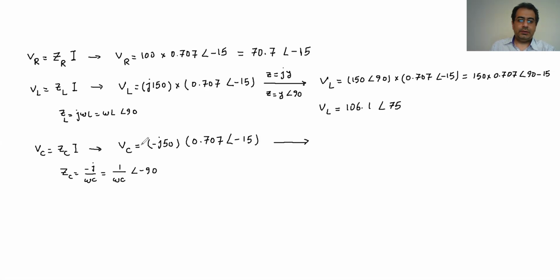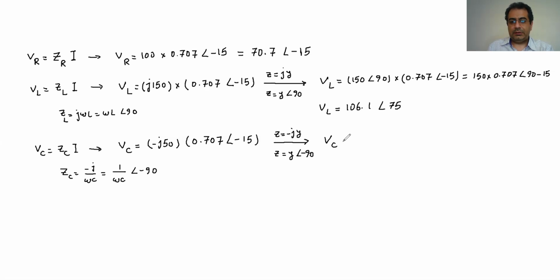But again, the easiest way, we also know that if the Z is negative jY, then the Z is Y with the angle of negative 90. So either put it in your calculator and convert it to polar format, or use this equation to convert it to polar format. Either way, the easiest way is just to put it in your calculator.